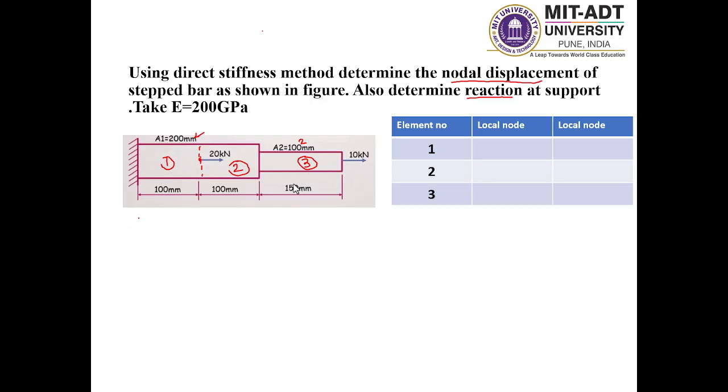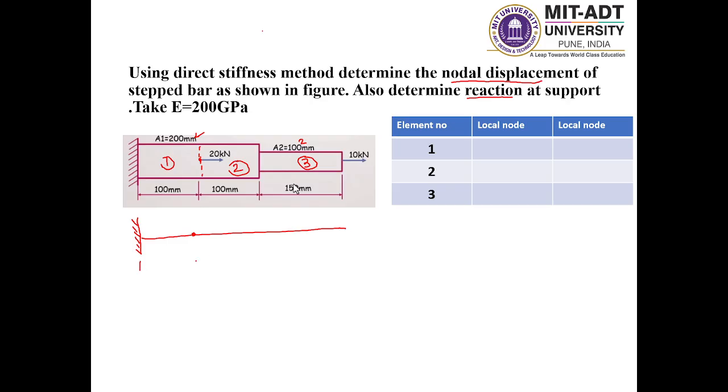Here I am drawing the fixed support. One end is fixed, and we have the entire length. I am defining the elements with the help of nodes, starting from the fixed support.